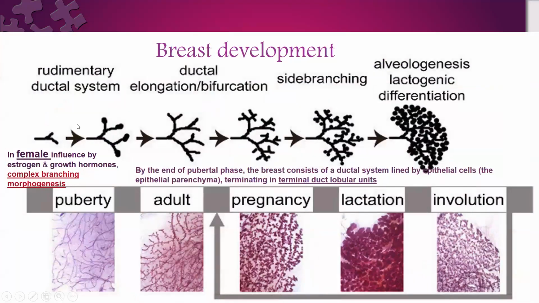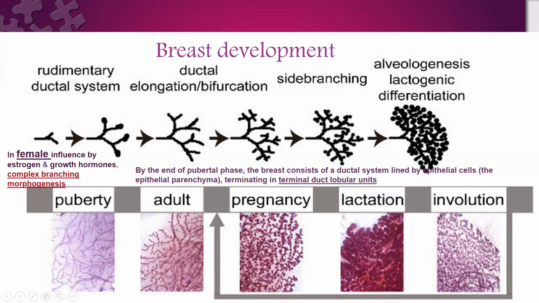So what will happen? Look here, this is at puberty, starting the complex morphogenesis and progressing during adult life, but look at it at pregnancy and lactation. Look at this terminal duct lobular unit, how it gets numerous and larger.